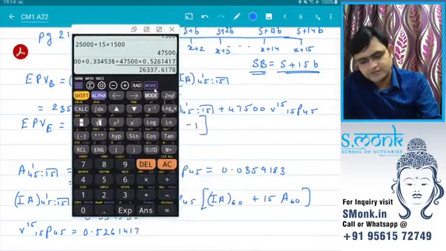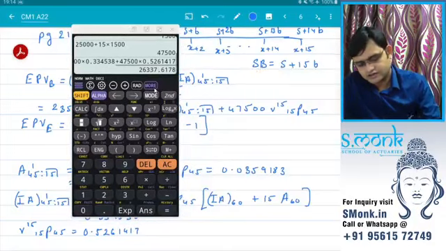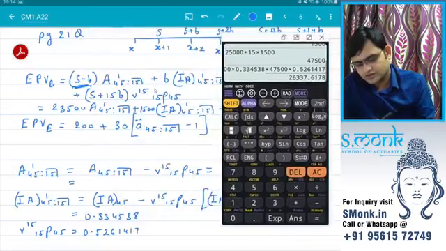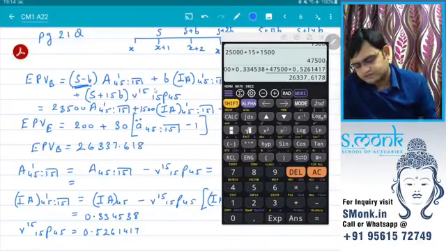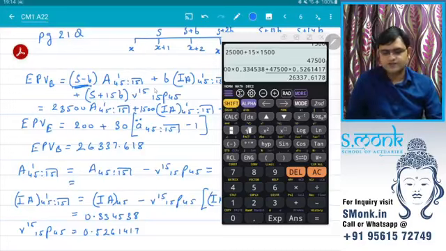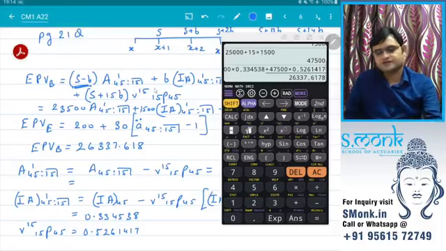This becomes our expected present value of benefit. I will write it down here because I always leave one line for our answer, but anyways I have now filled it. It's equal to 26337.618. Our expected present value of benefit.